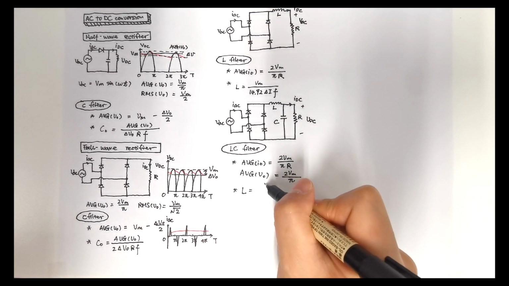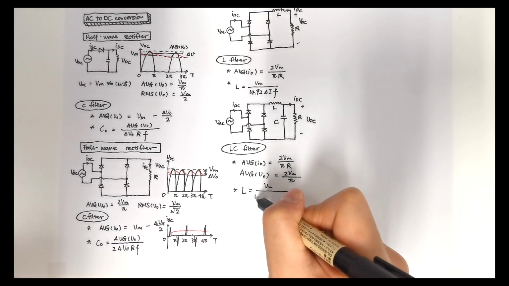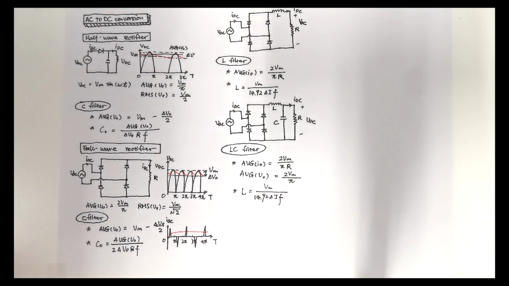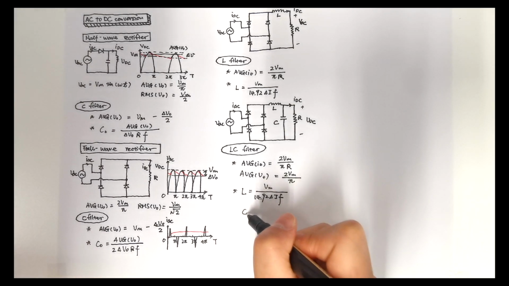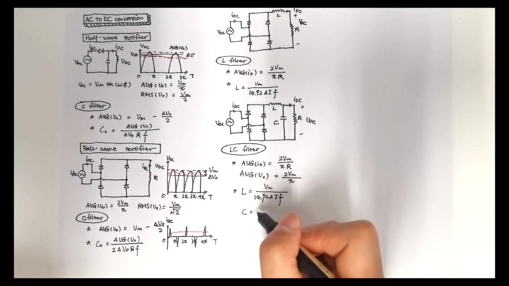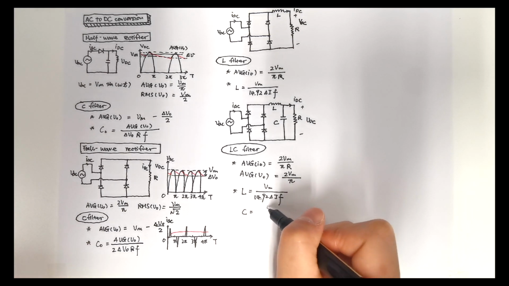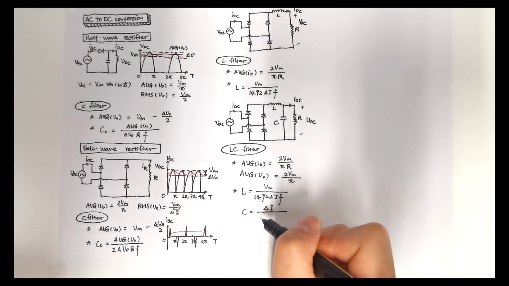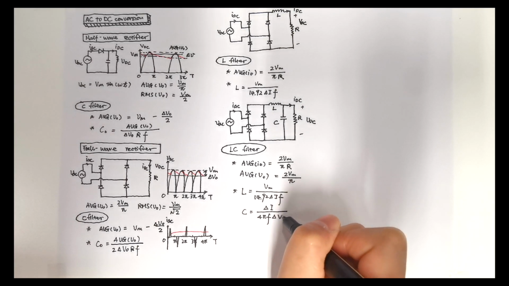Our L is Vm divided by 14.92 delta I F. The capacitor current is smooth after the inductor, so the calculation of capacitance is different from only using a C filter. So our C value equals delta I divided by 4 pi f times delta V.